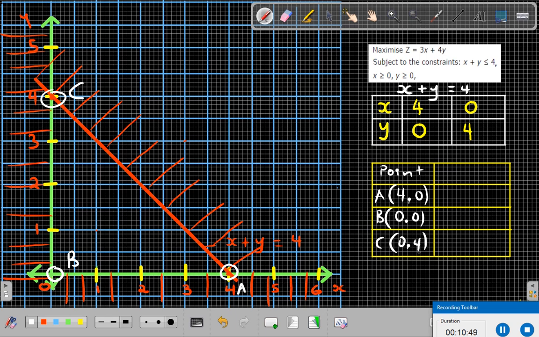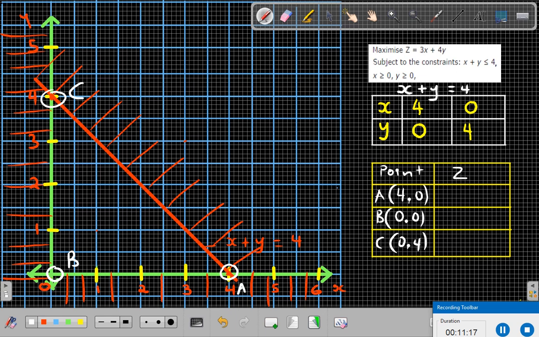Now what we do, we need to find the value of our Z. Remember, Z is 3x plus 4y. Now, we are going to substitute these coordinates into our objective function. Now, for A, x here is 4.